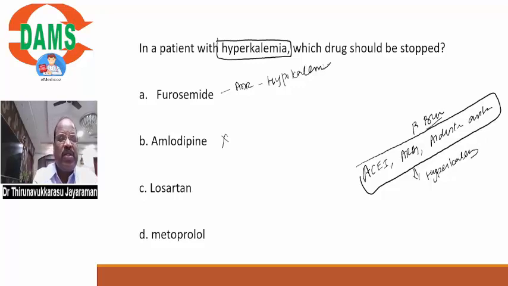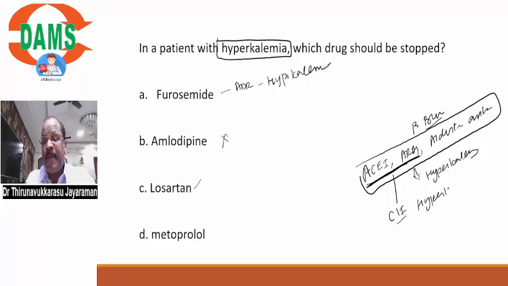So losartan causes hyperkalemia. That's why we know ARBs and ACE inhibitors are contraindicated in hyperkalemia.